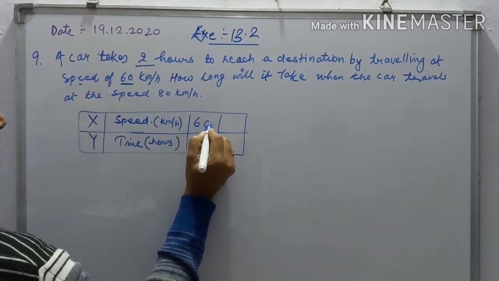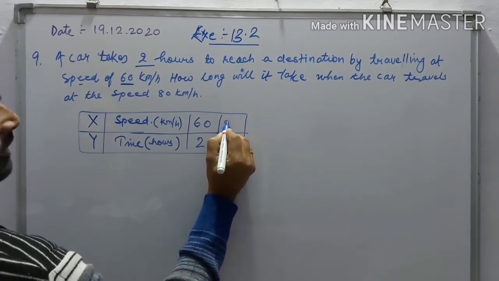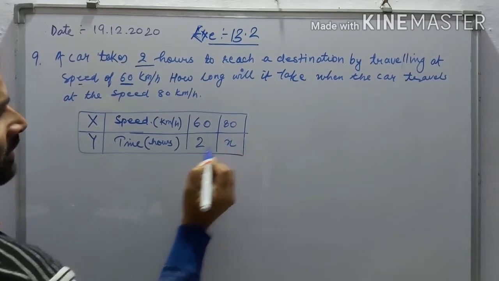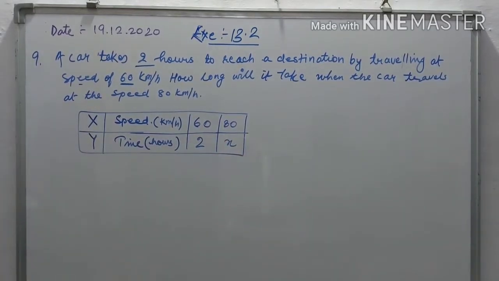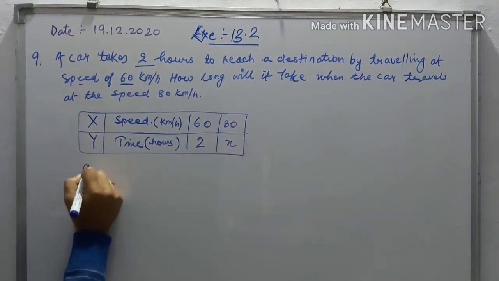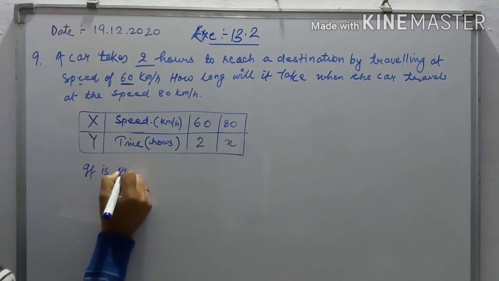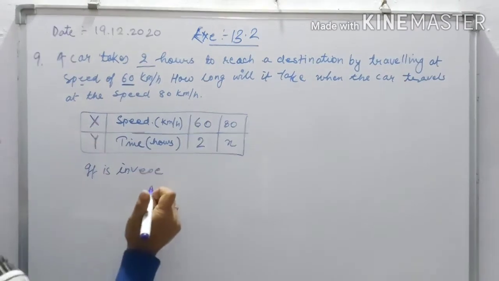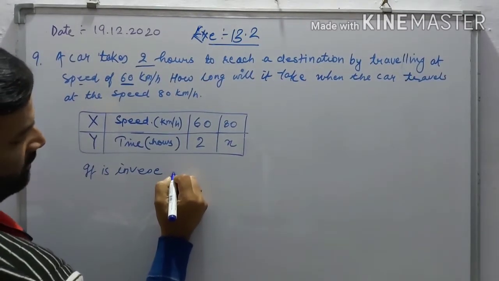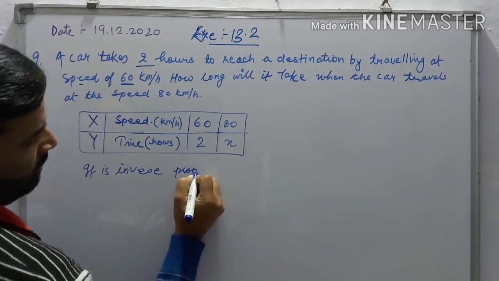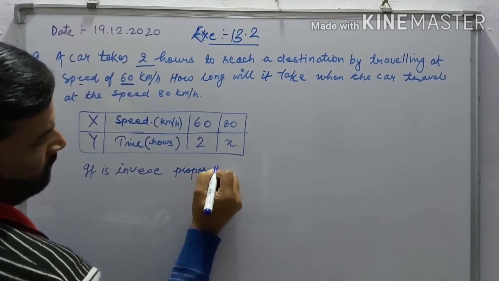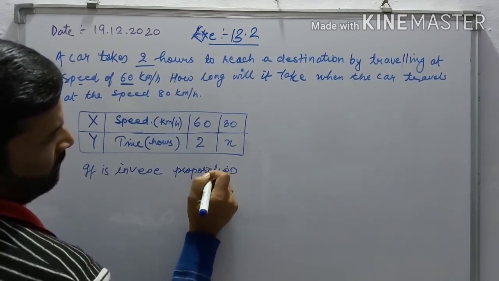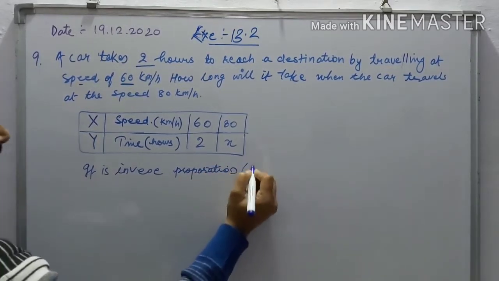First, speed is 60 and time is 2 hours, and the speed increases to 80 and the time is x. Okay, it means this is inverse proportion. Okay, this is the value of x, y.